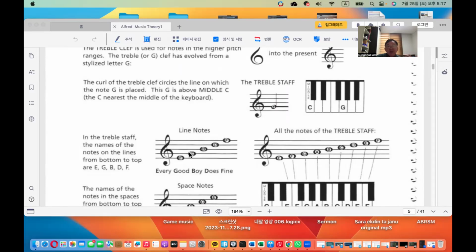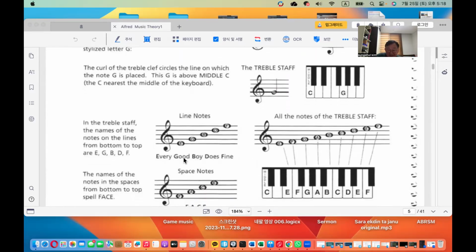Musical line names: Every, E. Good, G. Boy, B. Does, D. Fine, F. E G B D F. This is each line's name.